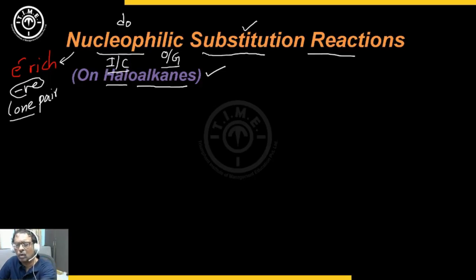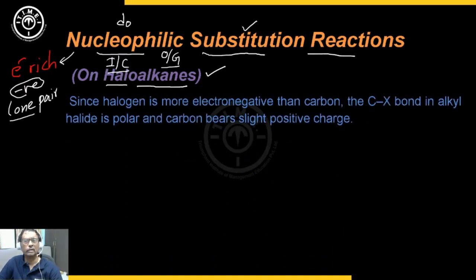So let us check what this nucleophilic substitution is about. The halogen that is attached to this carbon is more electronegative, and therefore that bond, that is a CX bond. So shall we take this bond as CX, right? The X is the halogen, right?